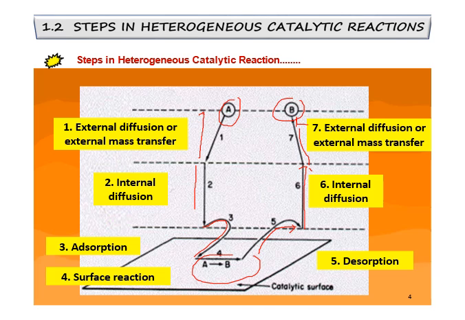So the first step, A goes through external diffusion or external mass transfer. The second step is internal diffusion. It will go from the bulk fluid to the pore mouth of the catalyst. Pore mouth means the entrance of the porosity. That's the meaning. Then step number 3 is where A starts to adsorb on the catalyst surface, meaning A starts to be placed on the active sites of the catalyst surface.